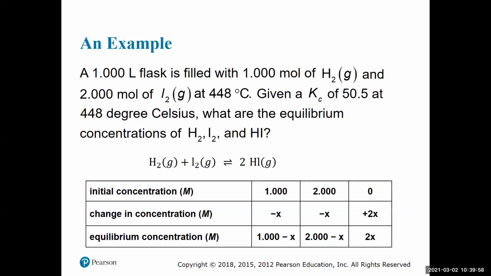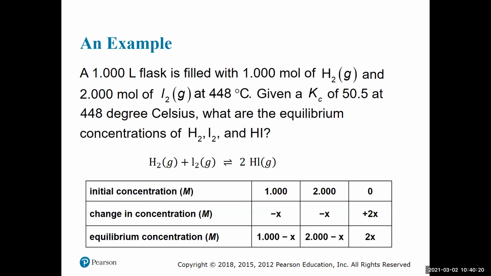The next row is that change in concentration value. So when we did this before, we had some actual numbers to plug in there, and we could do it that way. In this case, we don't have any numbers. And so what we're going to do is define how much H2 and I2 are used, and just use the variable X to represent that.